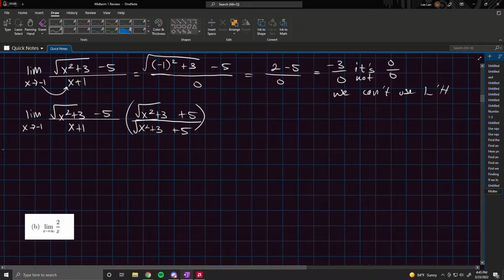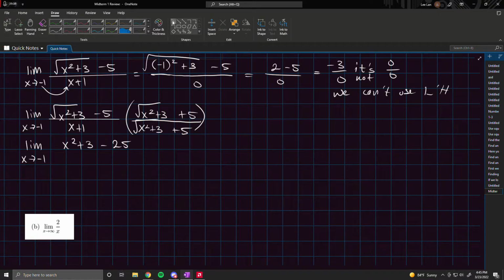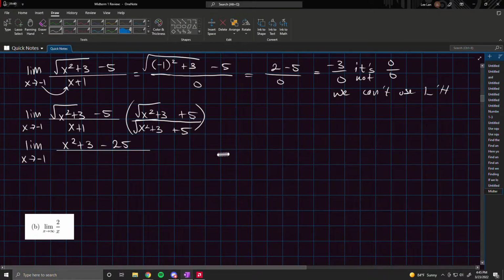And so this will be, no more square root, x squared plus 3 minus 25, over x plus 1, limit as x approaches -1.